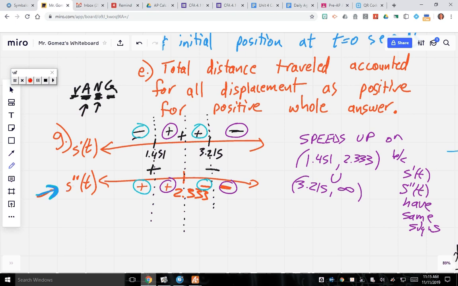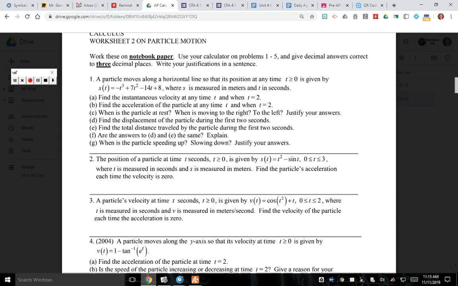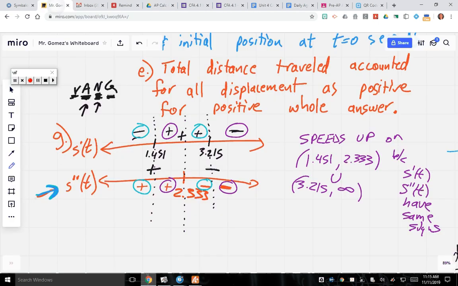Okay, and then the other one is, because it wanted to know when it was speeding up, did it say on the first 2 seconds, or it just said in general? In general? Yep. Alright, so then this one would be slowing down. I told you this is a hefty problem.